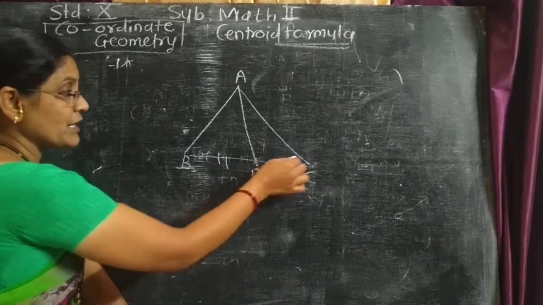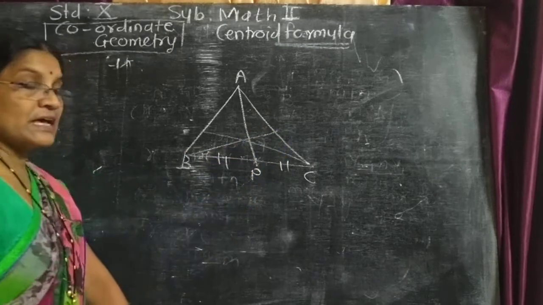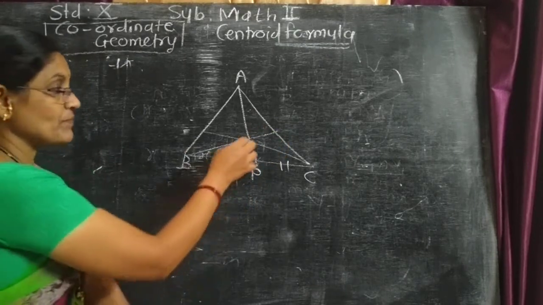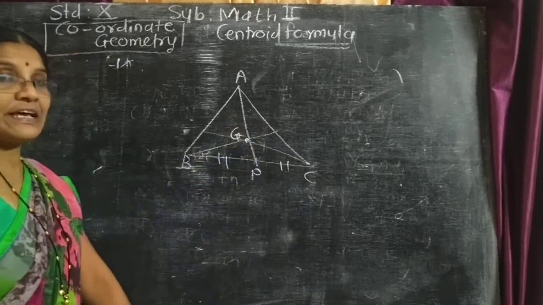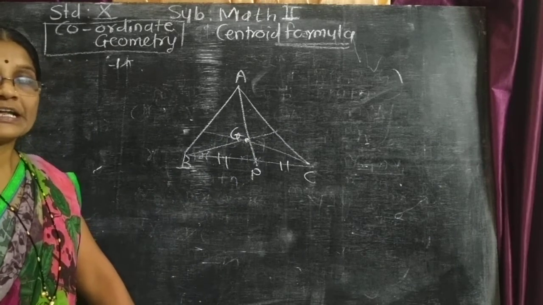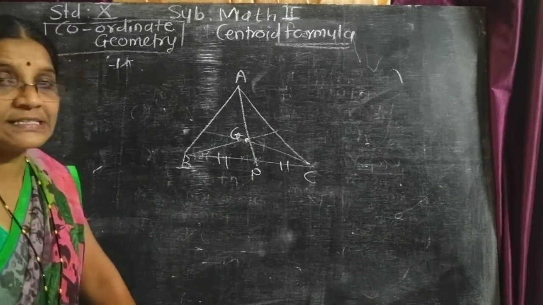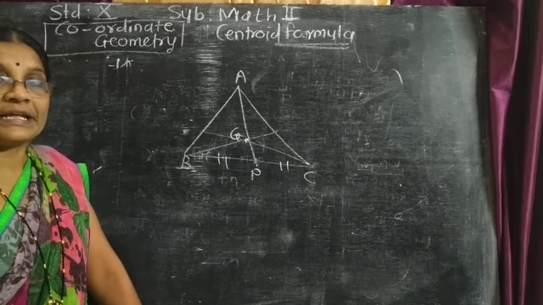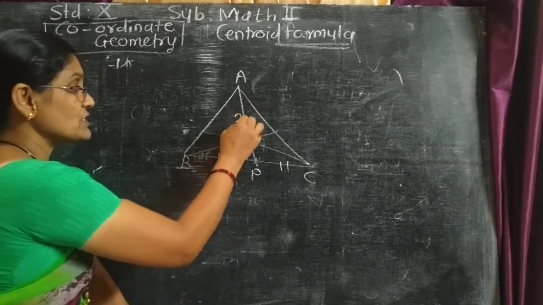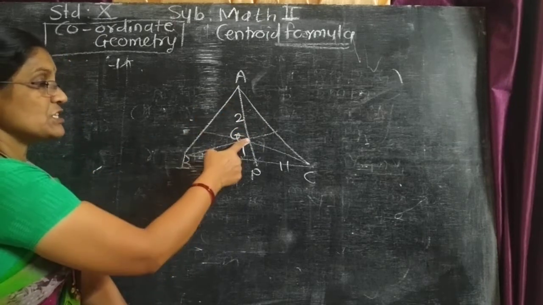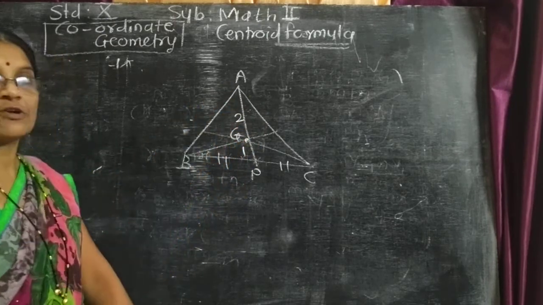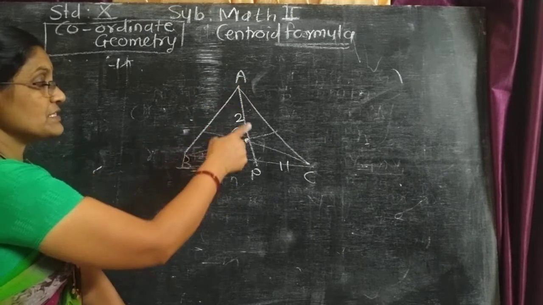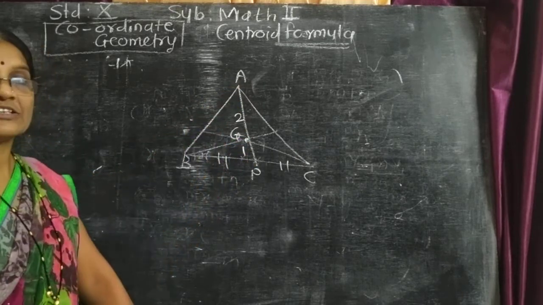In the same way, we can draw all three medians, and the point of concurrence of these medians is called the centroid. The property of the median and centroid is that the centroid divides the median in the ratio 2 to 1. This AG is 2 parts and GP is 1 part, so the ratio AG to GP is 2 to 1.